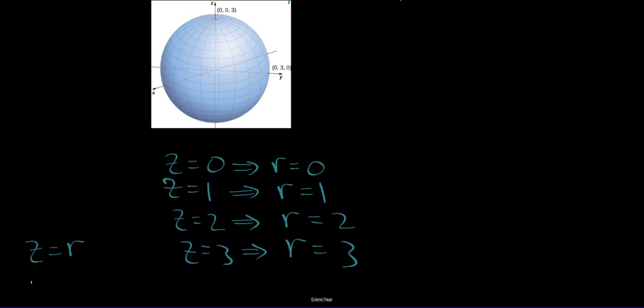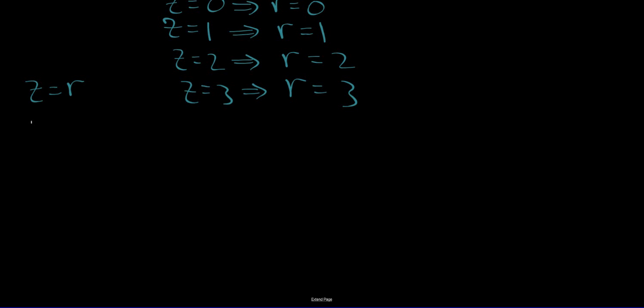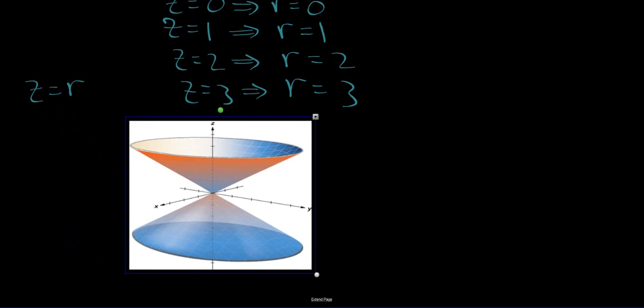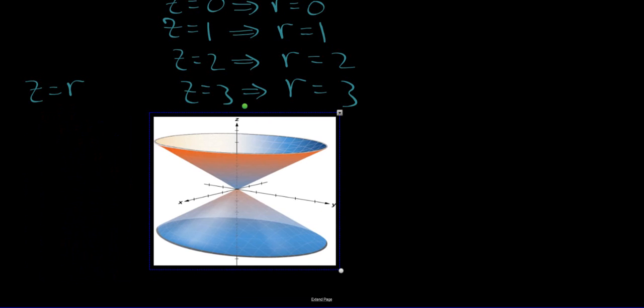So it's like a point, radius 0. So if you visualize that, what you're going to get is a cone. So let's take a look at the cone. Okay, so there's a cone. So these are just some examples of surfaces, and it just takes a lot of practice looking at different surfaces and learning how to reason about whatever equation you've been given.